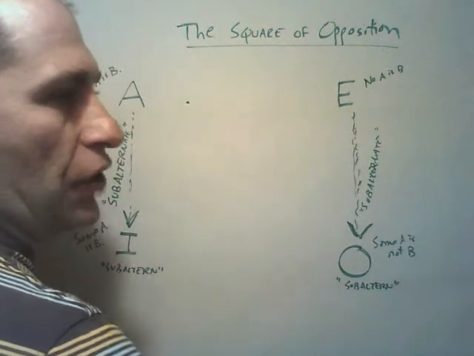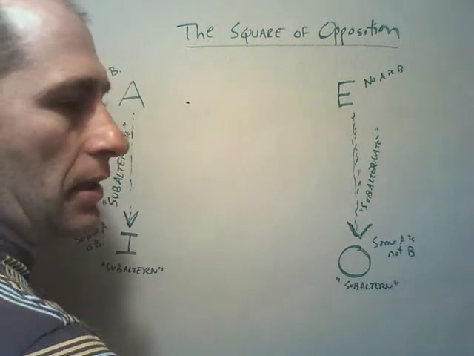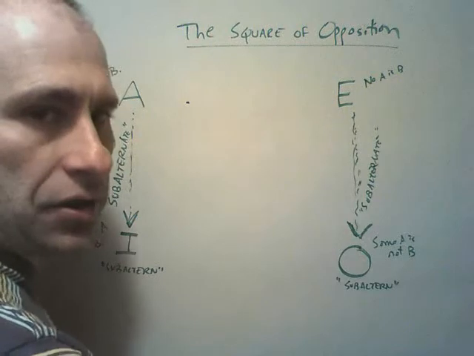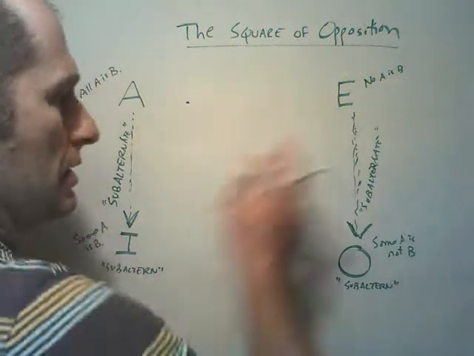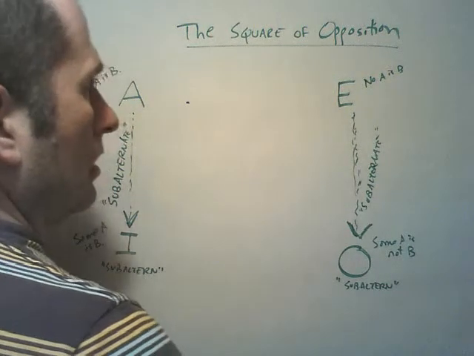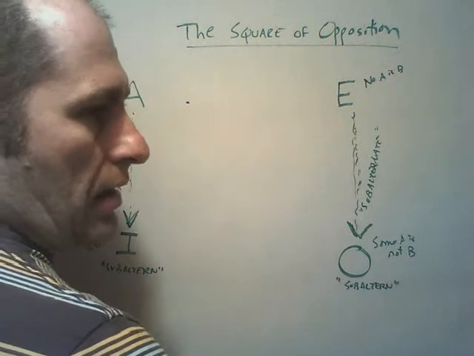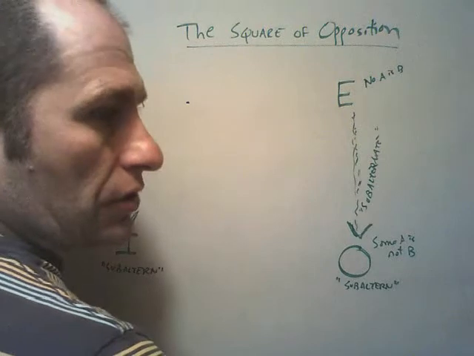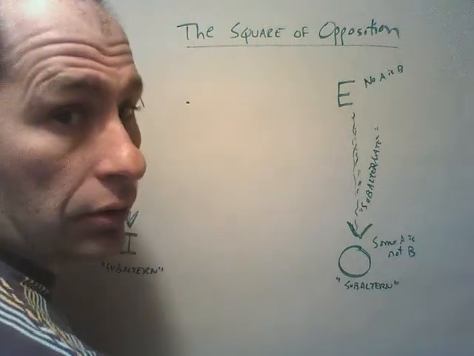So if no dogs are fish, then there are some dogs that are not fish. So no dogs are opera singers. That automatically means we can also say that the statement some dogs are not opera singers also holds or obtains.